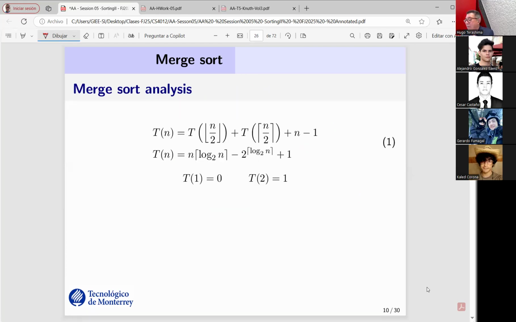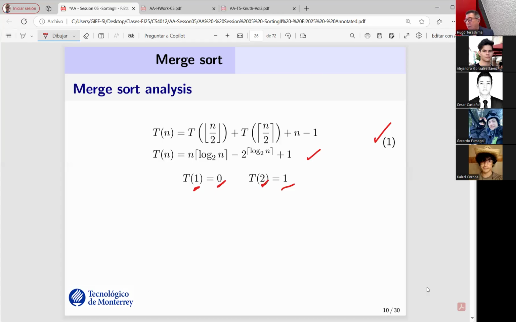So this is equation number 1 here, and this is what we want to achieve. If I have one element only and I want to merge, I don't do any comparisons. If I have 2 elements and I want to merge them, I need to do just one comparison.